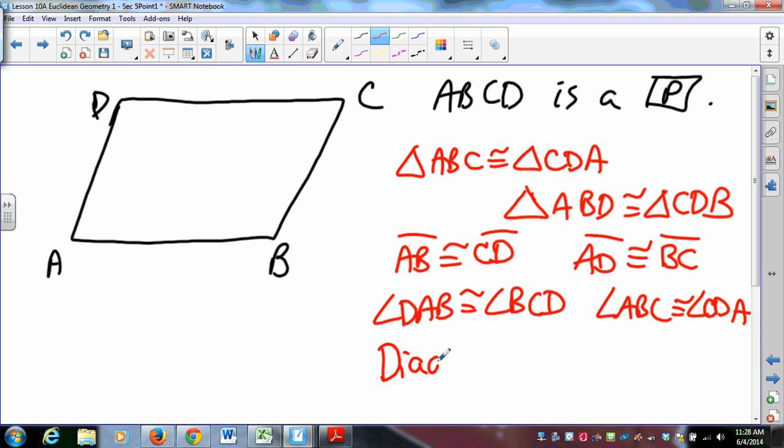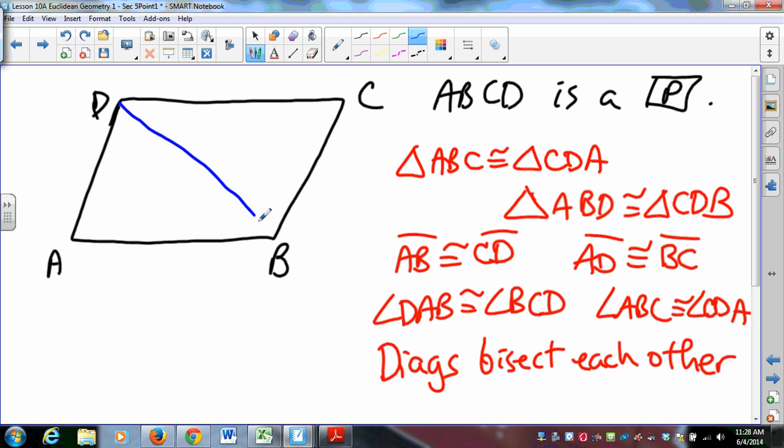And the diagonals, this is one of my favorite properties, the diagonals of a parallelogram bisect each other. And that's not hard to prove. We know that the diagonals cross at some point, which I will prophetically name M. So I want to show that DM is congruent to MB, and I want to show that AM is congruent to MC, and I think I can do that.